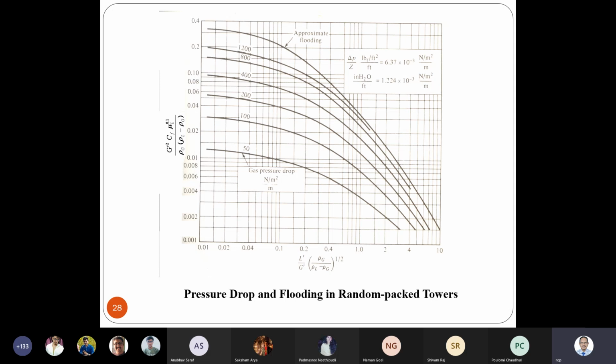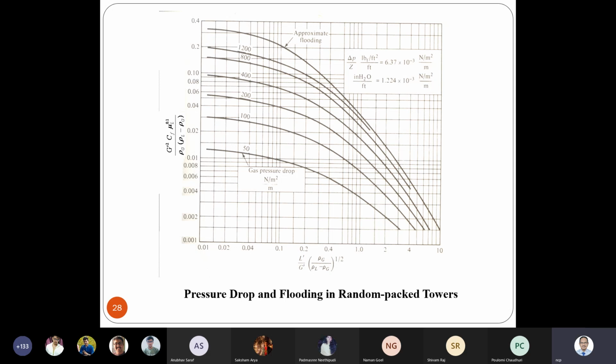Then mechanical design will give you the thickness required for different sections, then different attachments and nozzles and those kinds of things. But in the process design part, we'll find out the diameter and length of the tower required to process the liquid and gas streams for the desired mass transfer operation or the separation, right?